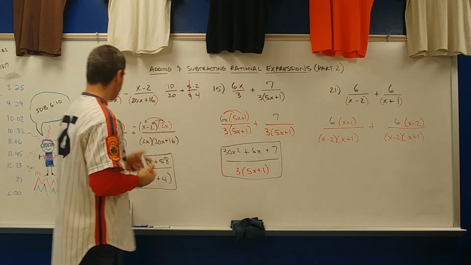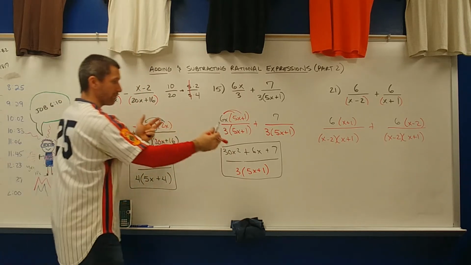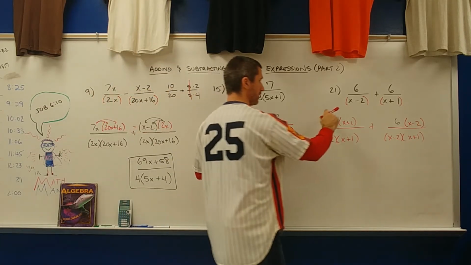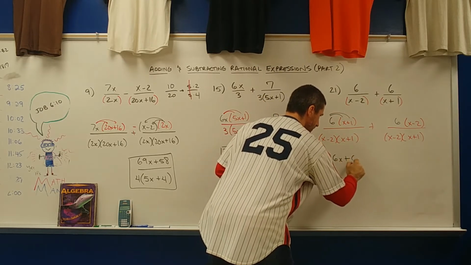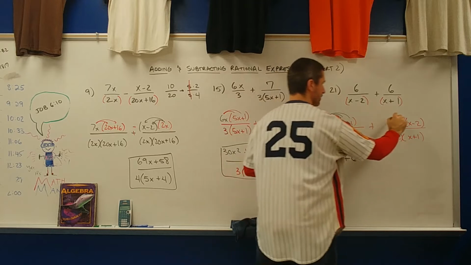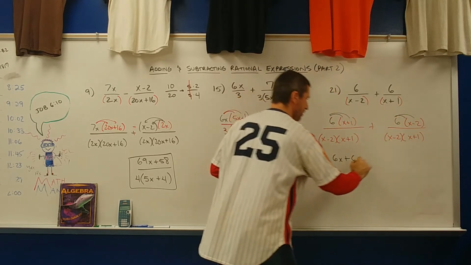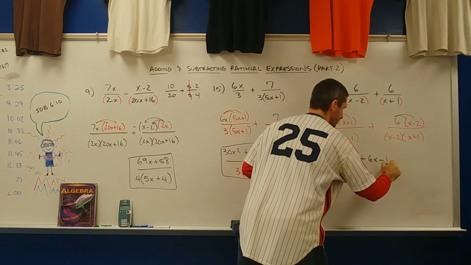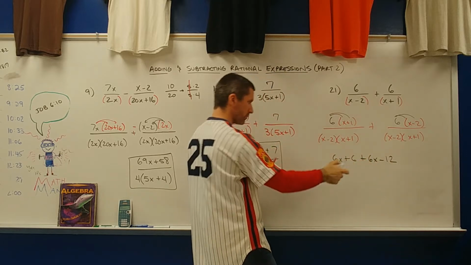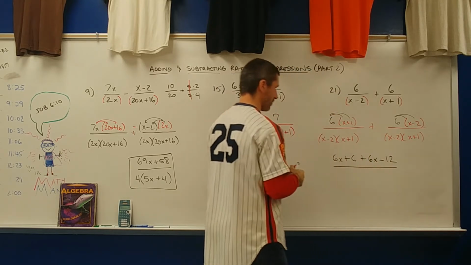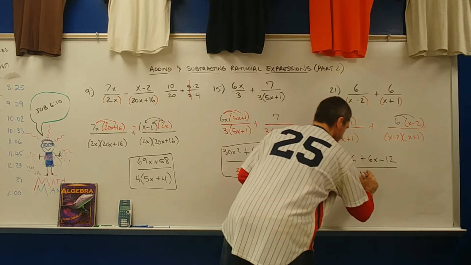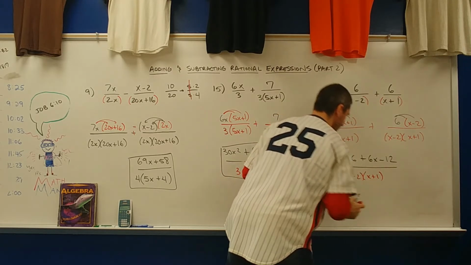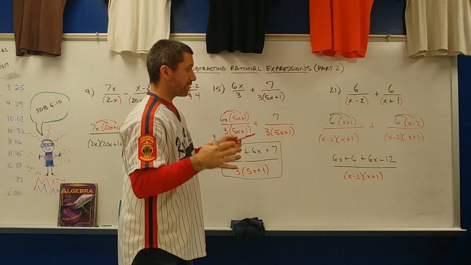And now we're going to follow the same template that we did here and here. We're going to look to distribute 6 times x, 6 times 1. 6x, 6. 6 times x, 6 times negative 2. 6x minus 12. All over the common denominator of x minus 2 and x plus 1. Okay. Let's combine like terms.